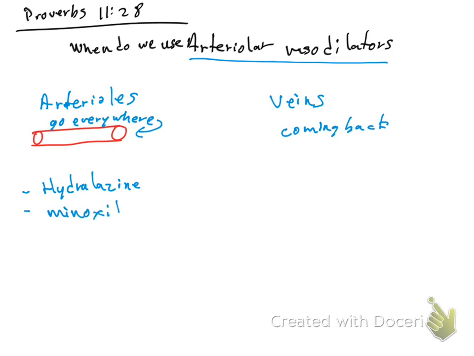Now, what do they do? Well, they are going to decrease your blood pressure for sure. I mean, this is the purpose, okay? But how do hydralazine and minoxidil decrease the blood pressure?